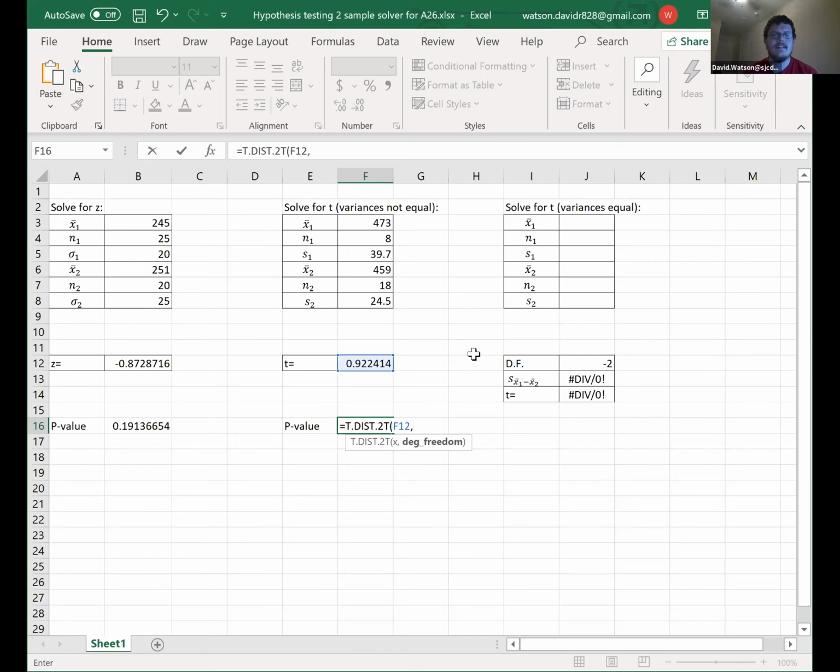Now remember, this is variances not equal, so the degrees of freedom is just going to be the lower of the two sample sizes minus 1. So our two sample sizes are 8 and 18. 8 is the smaller one, so you just do 8 minus 1 is 7. So 7 is our degrees of freedom, and we end up with 0.3870 as our p-value.